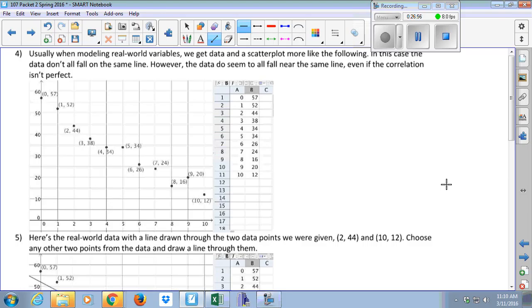So what we try to do is find a line that fits the data as best as possible. And there are mathematical things that you do to find that line of best fit. For you, you're in luck because your calculator is going to do all that work for you. Now, some people took math back in the dark ages, and we had to do this all by hand.